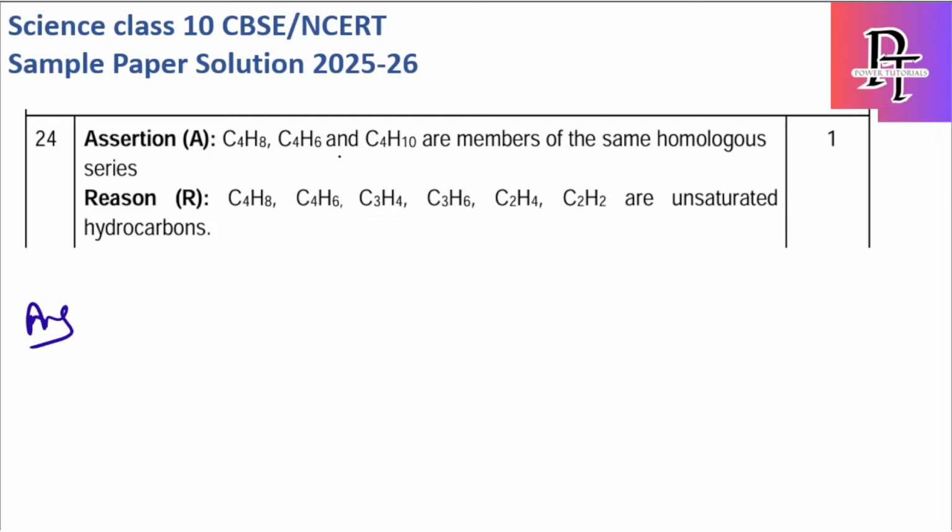C4H8, C4H6, C4H10 are members of the same homologous series. The answer is false because they do not belong to the same homologous series. Because this is an alkene property, this is an alkyne property, and this is an alkane property. So let's understand the alkene, alkyne and alkane configurations.